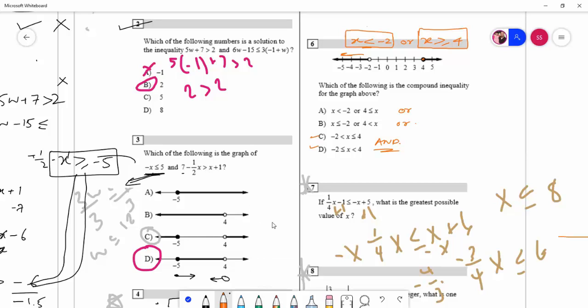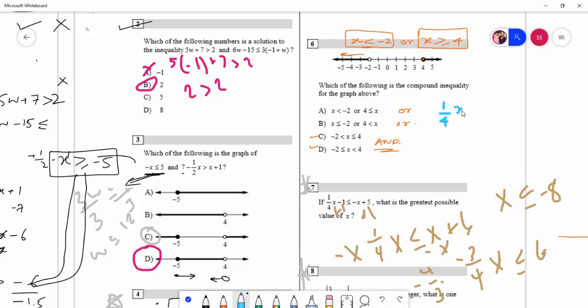No, it's negative 8. X is greater than or equal to negative 8. Hold on. Greatest possible value of x, right? Is less than or equal to negative 8. Yeah, but what can be the greatest possible value? Give me one number. Is it 8 or negative 8? Negative 8.